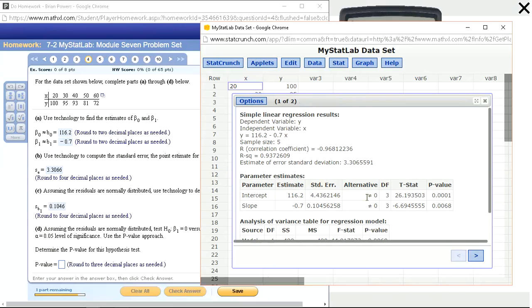It gives the alternative not equal to 0, a t-stat, and a p-value. This little bit here is addressing this hypothesis test question. If you're doing a null hypothesis where the null is the slope is equal to 0 and the alternative is not equal to 0, the p-value for that test is given right here. 3 decimal places would be 0.007 rounded up.